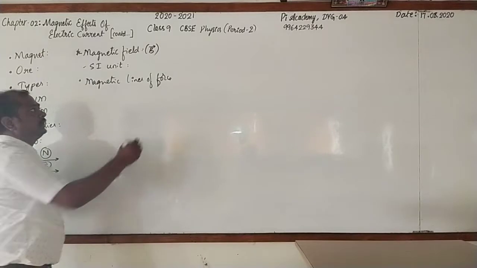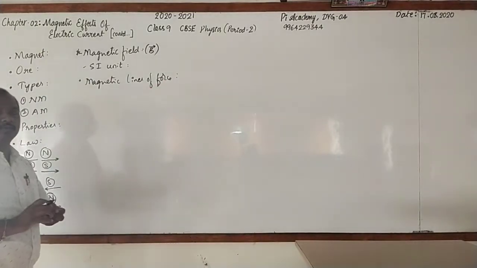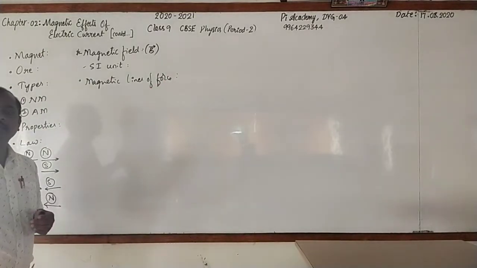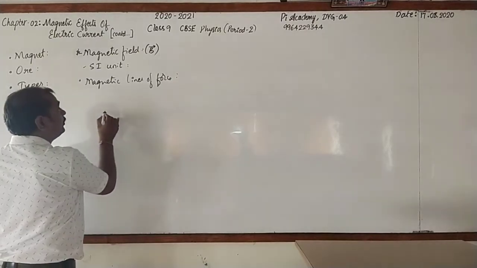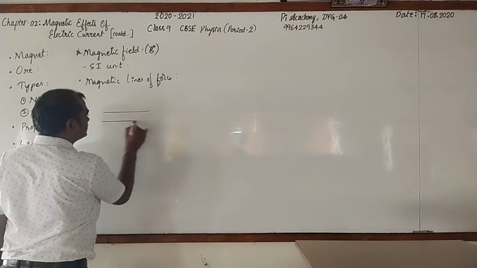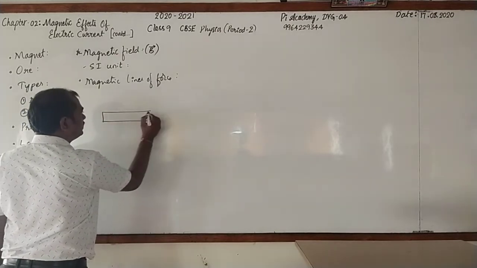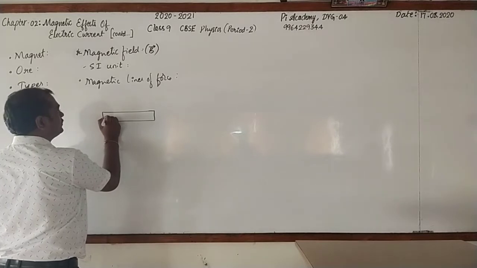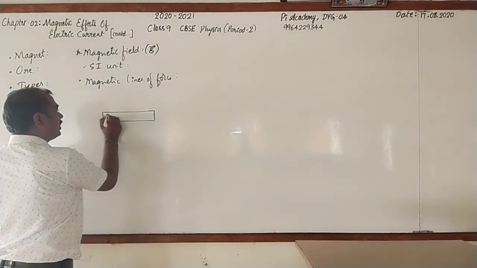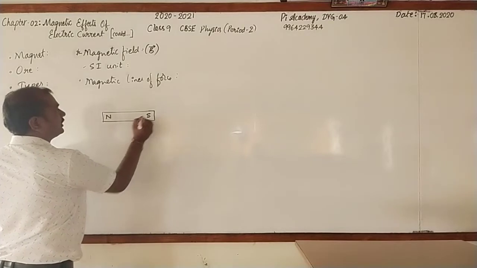Yes. Then this magnetic lines of force have some important characteristics. Just recall them. And before that, we know that the pattern of magnetic lines of force is different for different magnets, but we had shown the pattern of lines around a bar magnet, right?